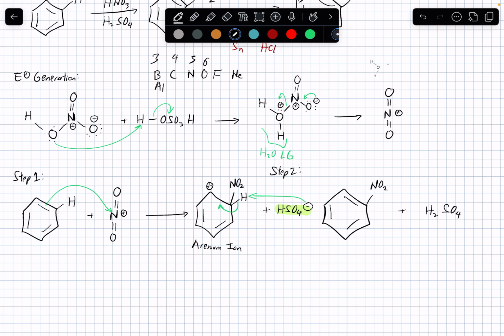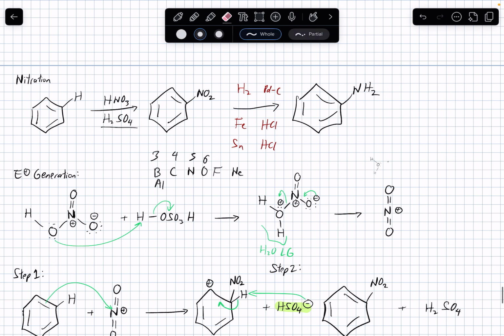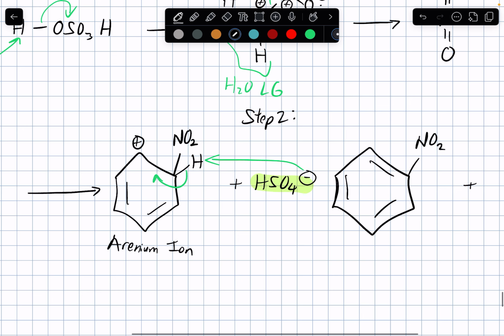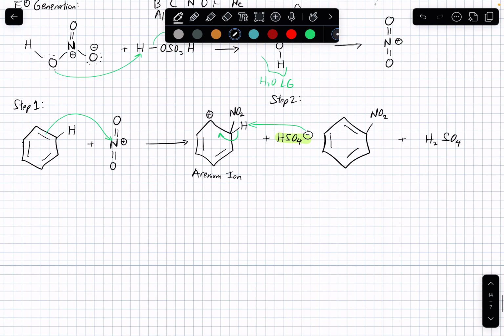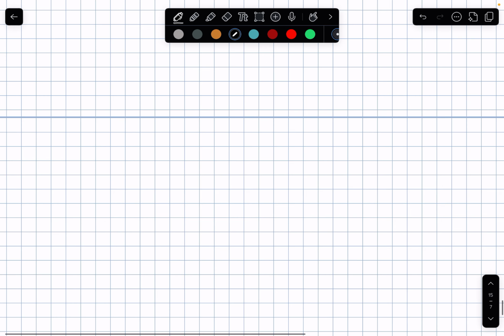If our catalyst here in nitration is H2SO4, it's the same in sulfonation. It's a good thing because the base there is also HSO4 minus. So I think that narrows down our memorization.